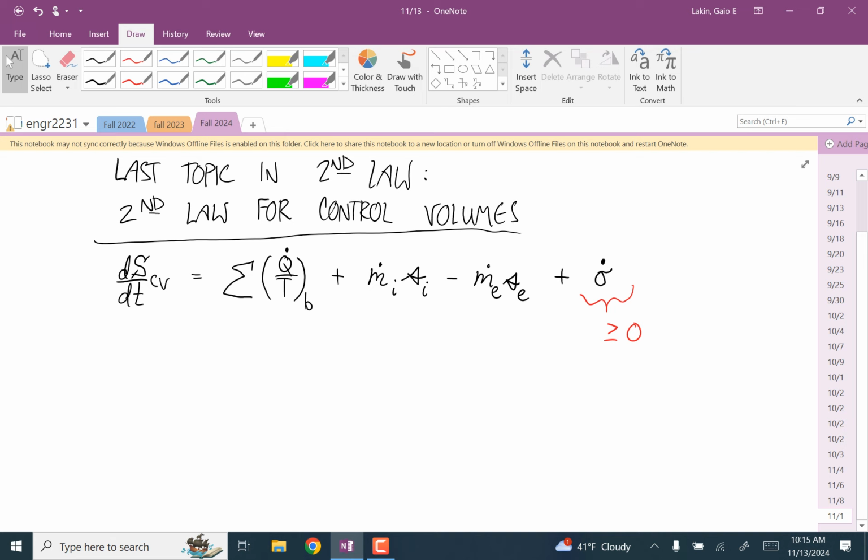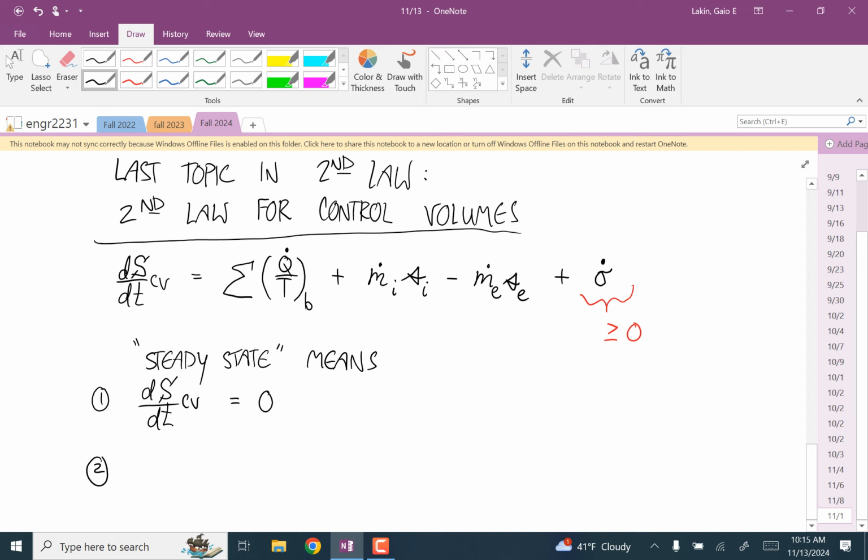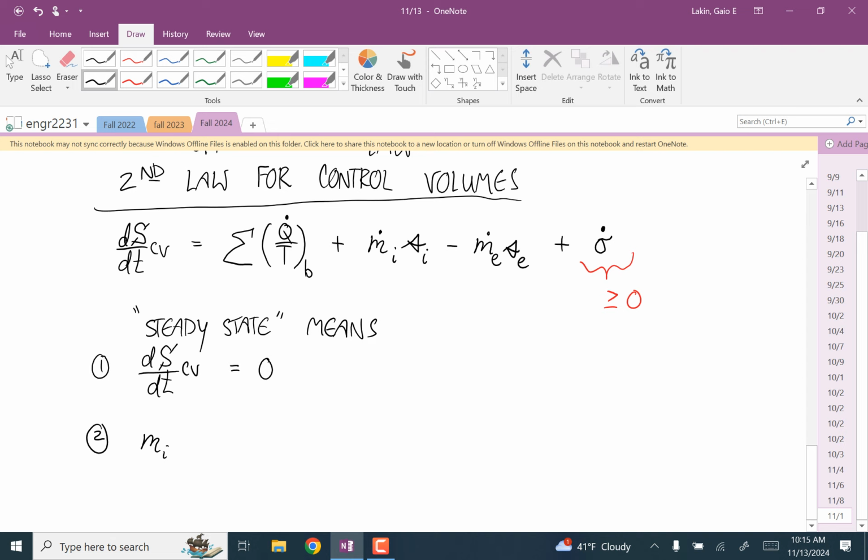Like always, we're often going to use this in steady state. So what does steady state mean? Yep, perfect. So it means that any property has no rate of change, so this is equal to 0. Also, steady state, because of the mass balance, says that mi dot is equal to me dot is equal to just the mass flow rate.